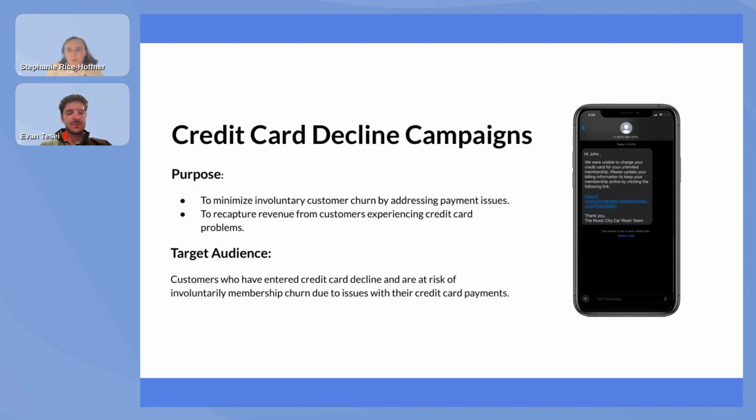So we made a couple of tweaks here, but just for everybody who is not familiar, the purpose of our credit card decline campaigns is to minimize involuntary churn by addressing payment issues and to recapture revenue from customers experiencing credit card problems. So this is going to people who theoretically have no interest in actually leaving your wash, and we're kind of doing a mutually beneficial service by reminding them to update their payment information.